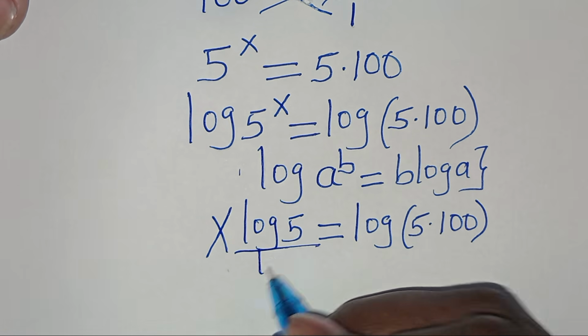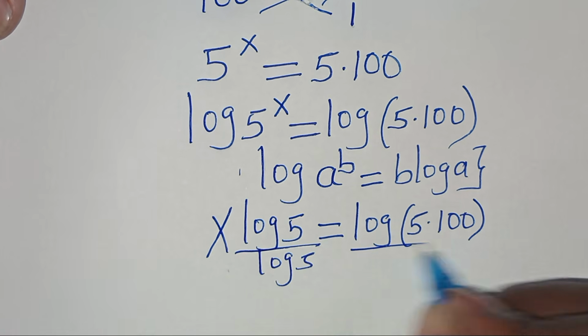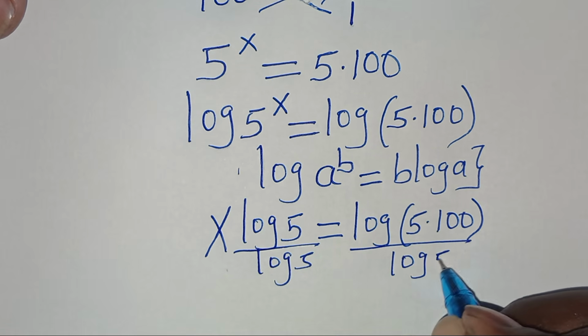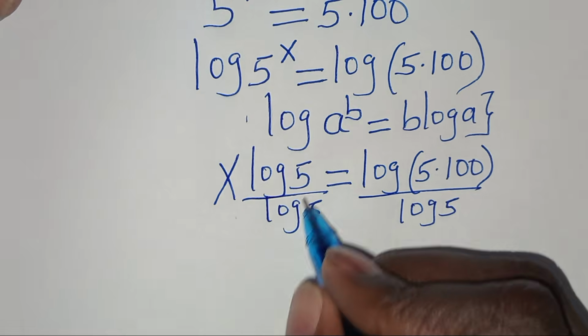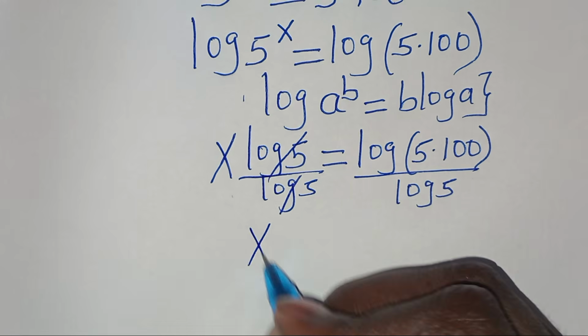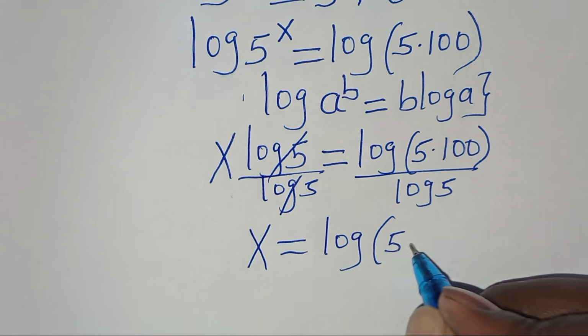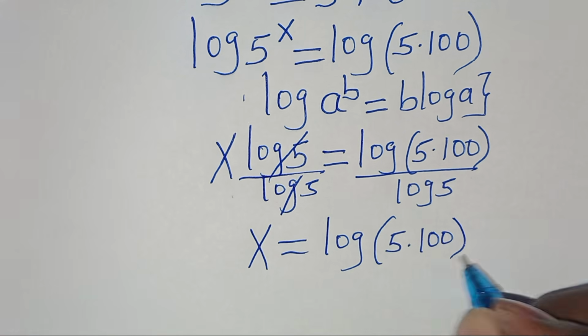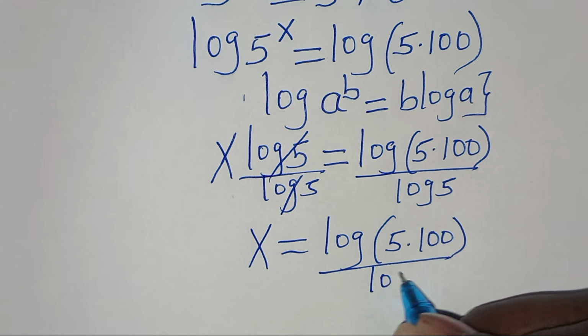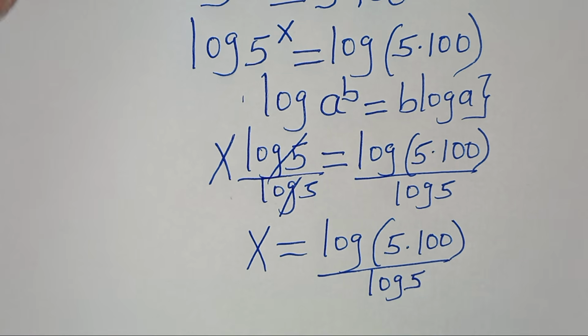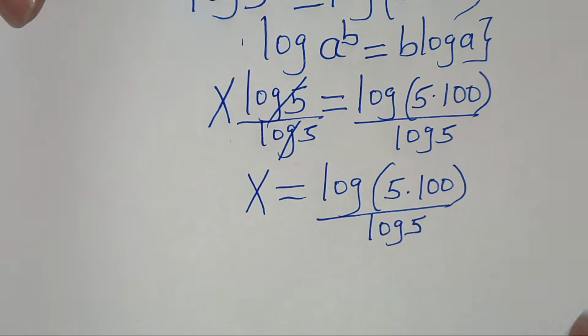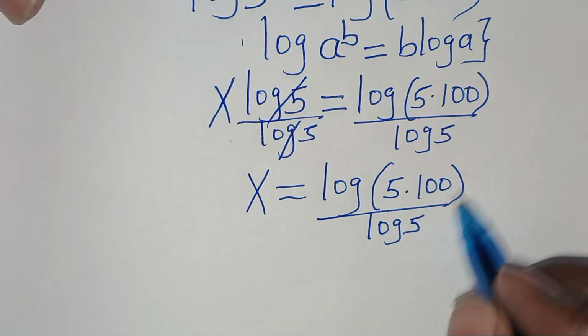Let's divide on both sides by log 5. So that now we simplify here. This means that x is equal to log of 5 multiplied by 100, divided by log 5. The next step is that we have log of 5 times 100.